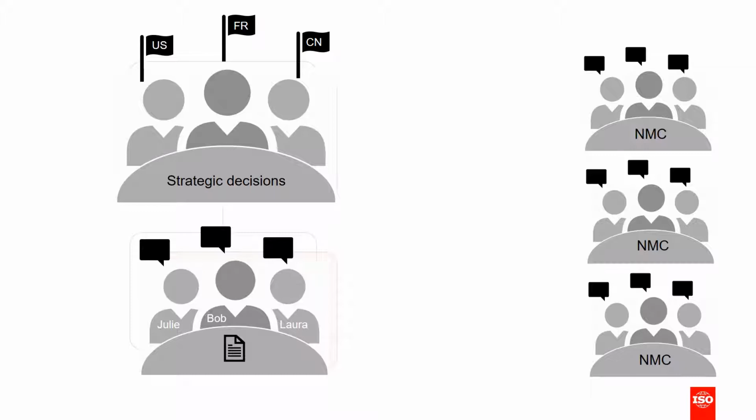At the national level, you'll have the national experts that get together and discuss the various projects that are being discussed at the international level within the ISO system. And together, nationally, they will build their own national consensus on the different projects that are being worked on.